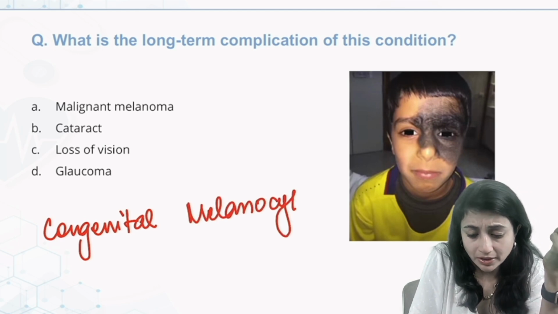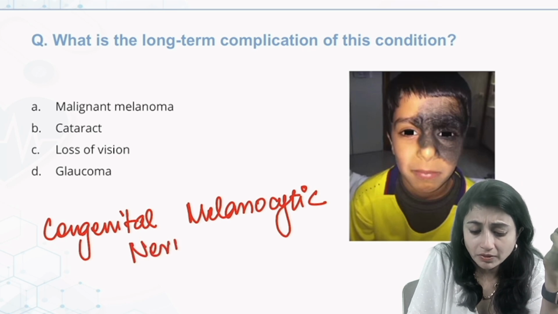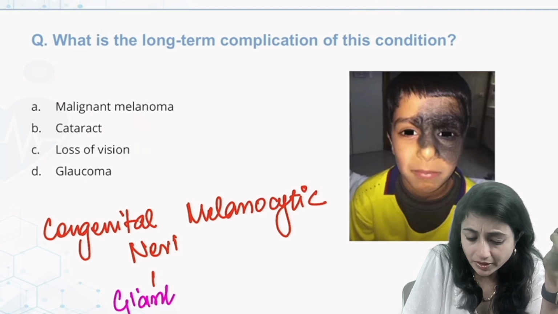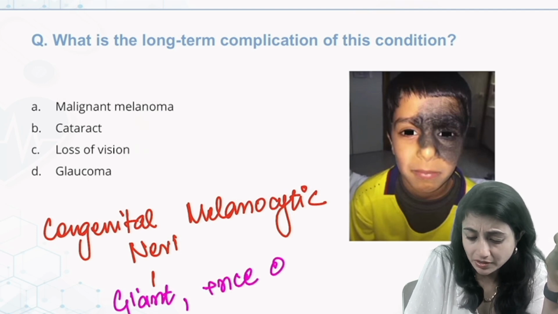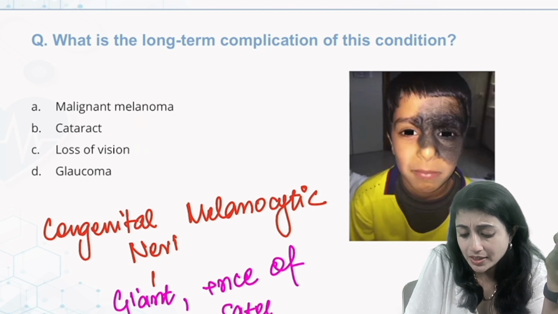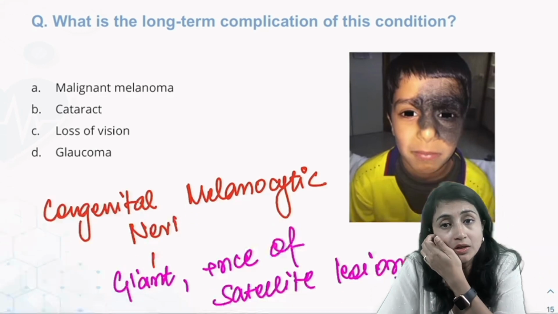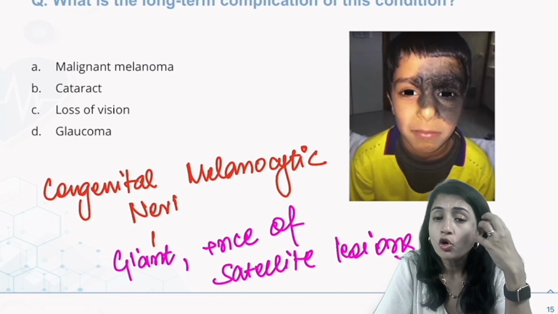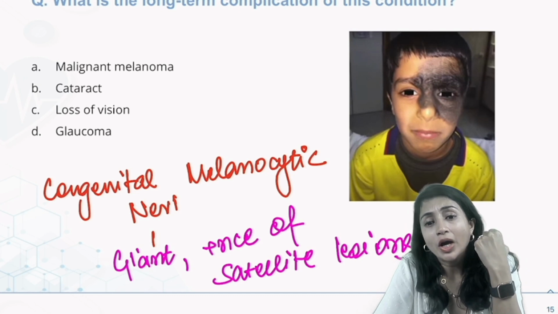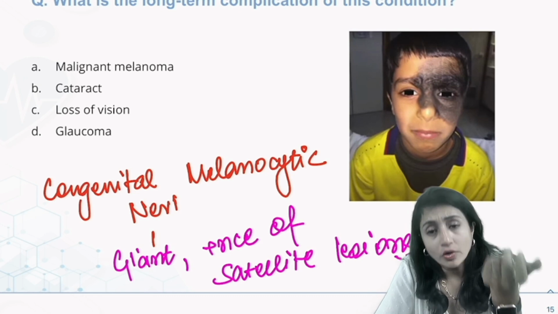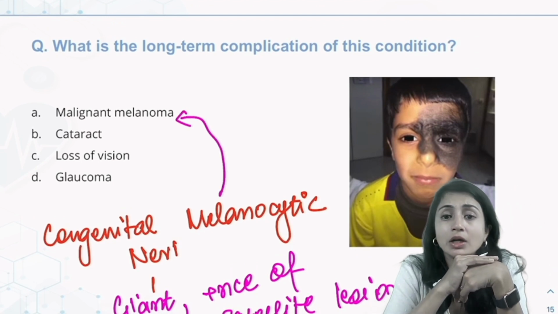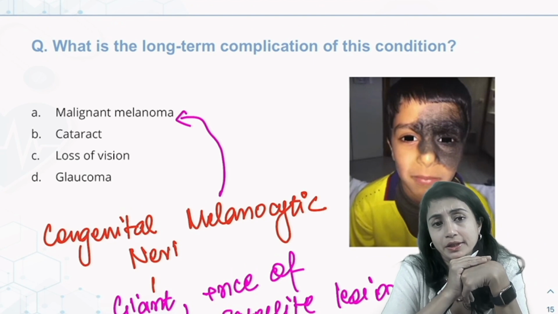We know that when the congenital melanocytic nevus is giant, or when there is presence of satellite lesions, it acts as a precursor lesion for malignant melanoma. So if you have a patient with a giant congenital melanocytic nevus or satellite lesions, you have to do annual monitoring to look for development of malignant melanoma. So the long term complication is malignant melanoma.